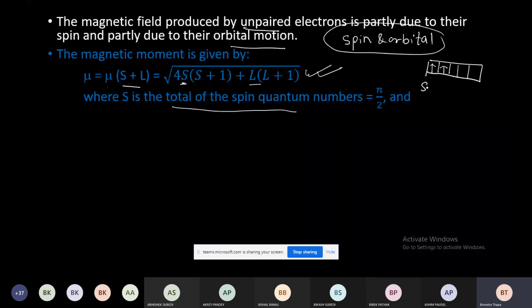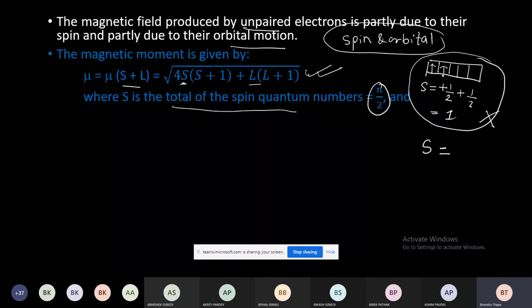On solving you will get 1. The sum of spin quantum number for the 2 electrons in this subcell will be equal to 1. Without doing this, you can easily write n by 2, where n is the number of unpaired electrons. So in another way, it will be equal to, there are 2 unpaired electrons in this case, 2 unpaired electrons.